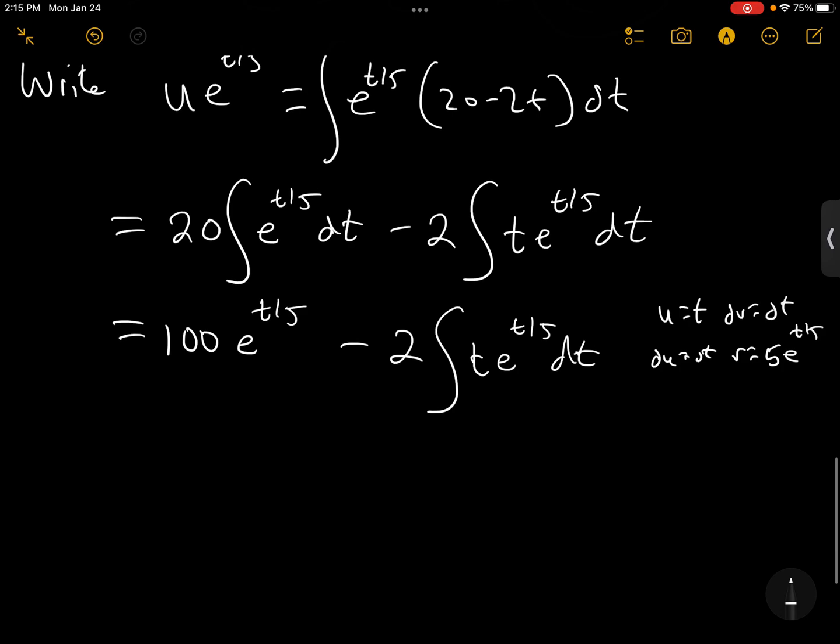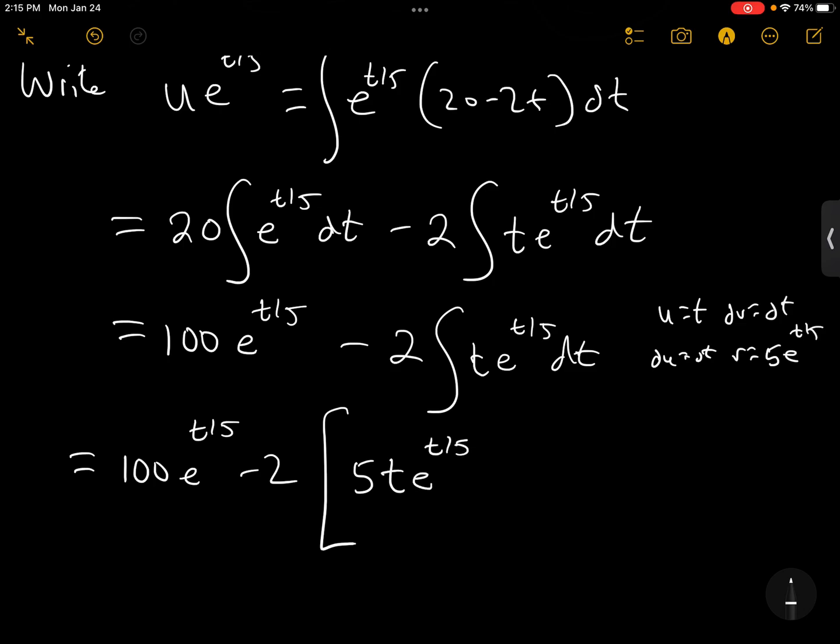Okay, so carrying on with our problem, being generous with our brackets. Remember how this goes. This goes uv, which is 5t e to the t over 5, minus the integral of v du, which is 5 e to the t over 5 dt.